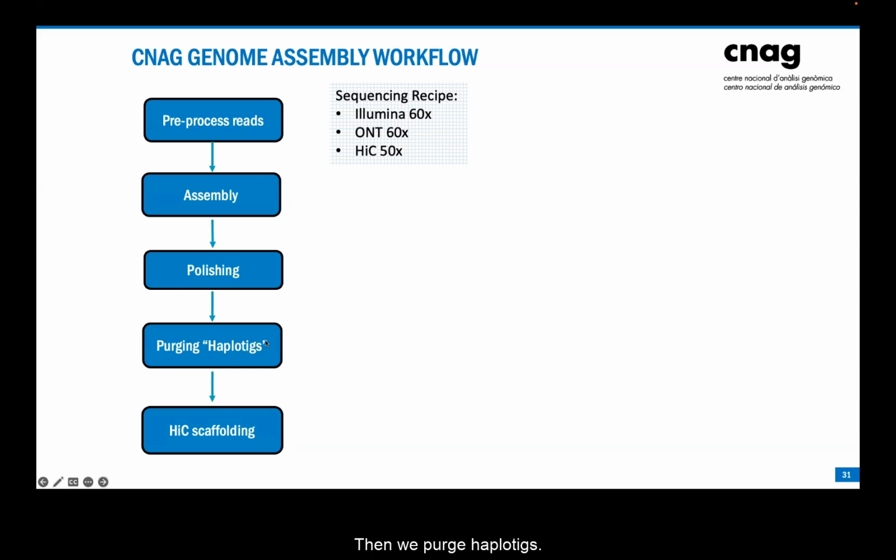Then we purge haplotigs. Basically, we have contigs that belong to one haplotype, let's say the maternal haplotype, and another contig that aligns quite well with this one that belongs to the paternal chromosome.